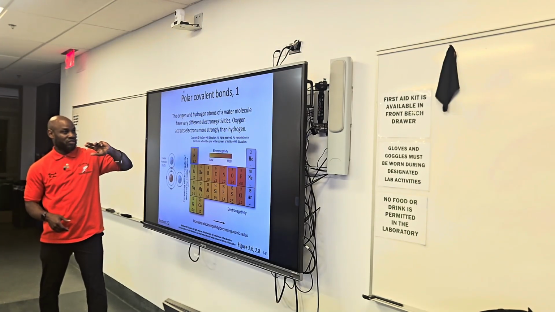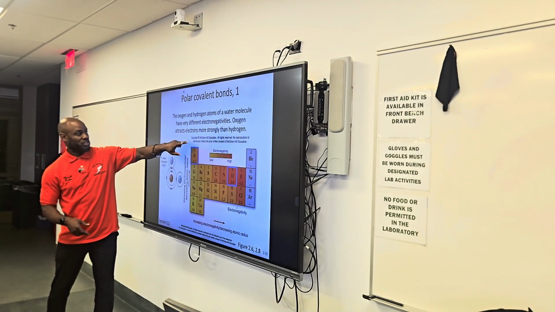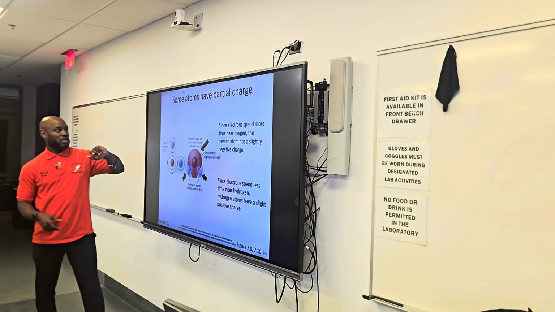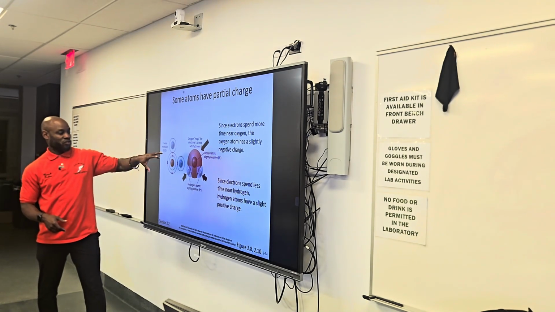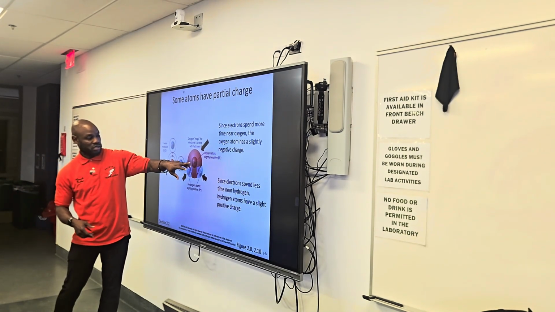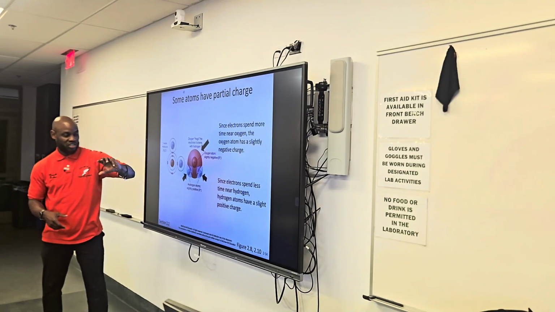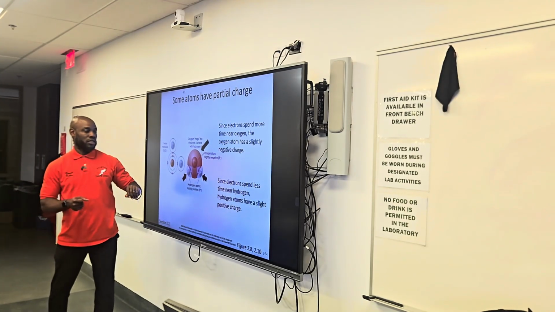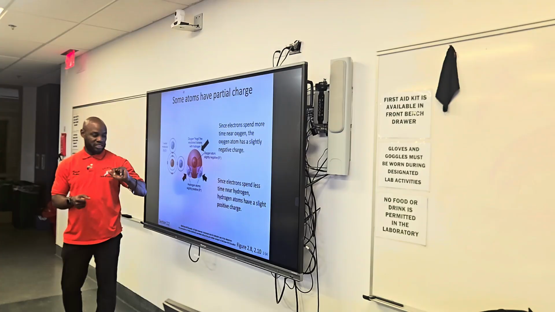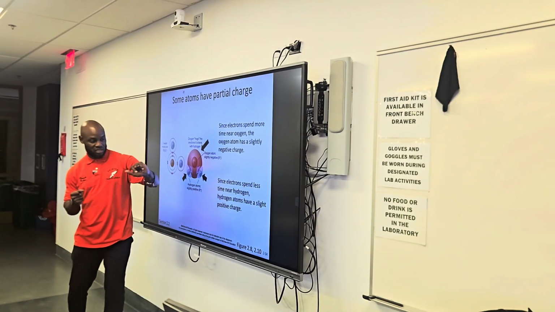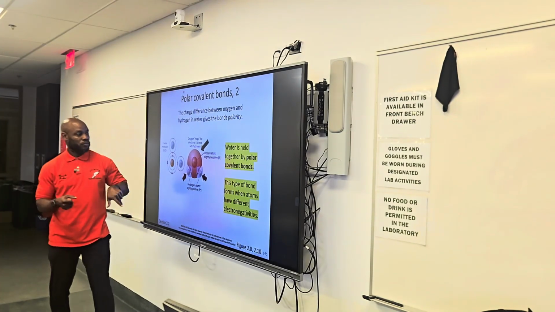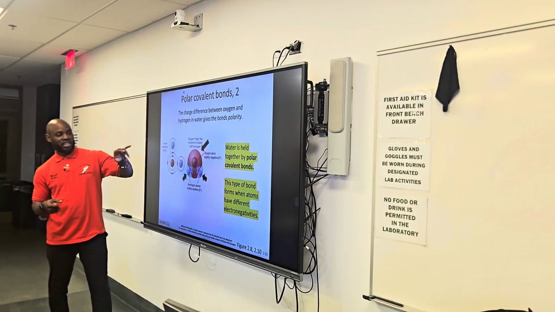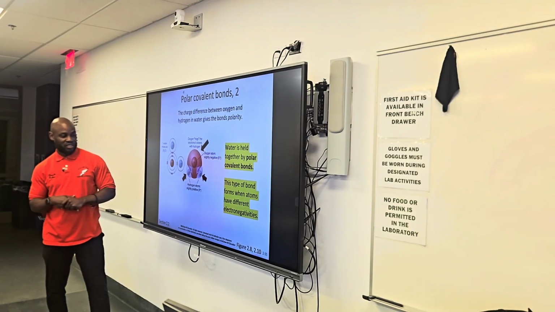Some are similar. Electronegativities, carbon, hydrogen. Neither pulls more strongly than the other. Non-polar covalent bonds. In that case, oxygen and hydrogen form a water molecule. Just talked about that. It gives off a partial charge because an oxygen now has a negative charge because it's a polar covalent bond.